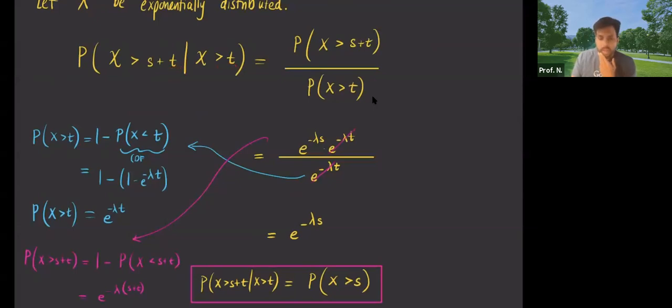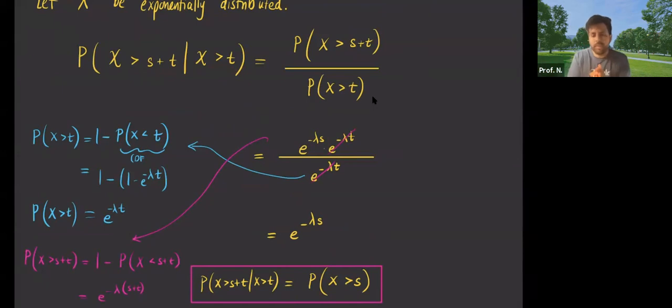It becomes an irrelevant piece of information, and we only care about what happens at this moment in time. So this is given the fact that t amount of time has elapsed, and I want to find what this would be. But what this is showing you is that whatever happened up until that point, we forget about it, quote unquote, and we just start from this moment on.